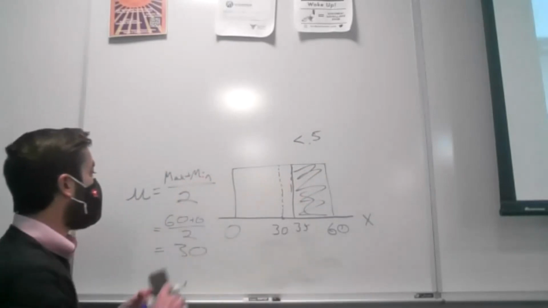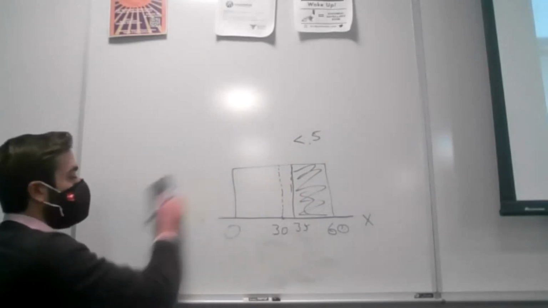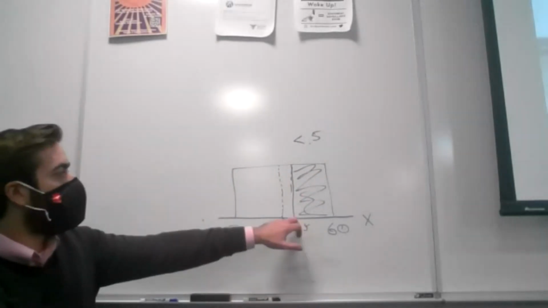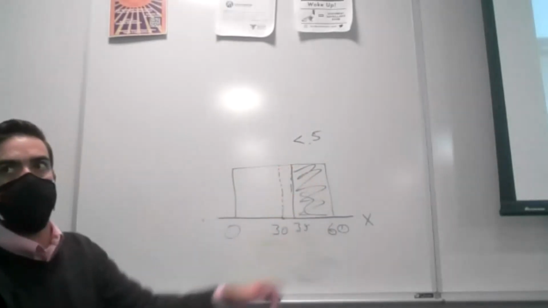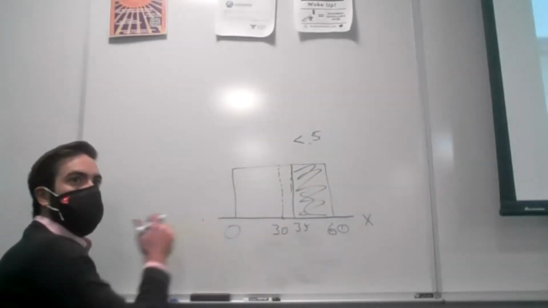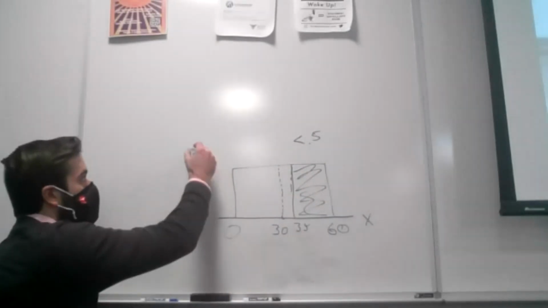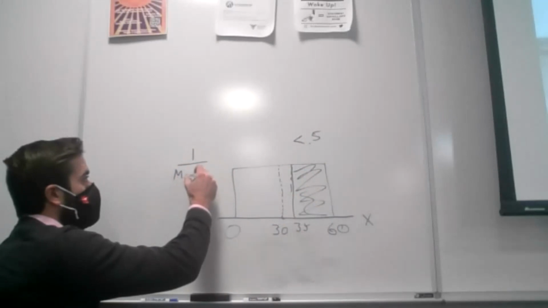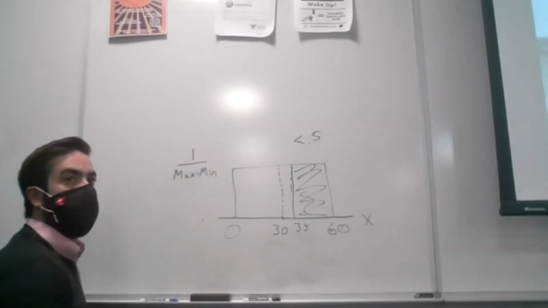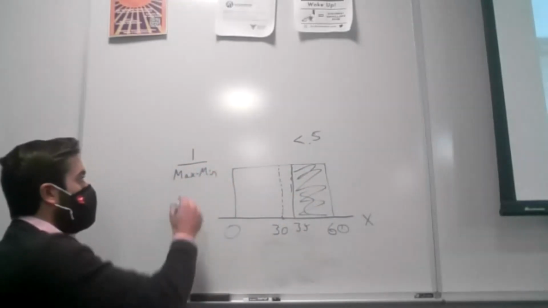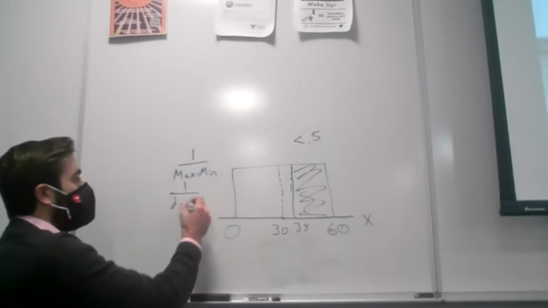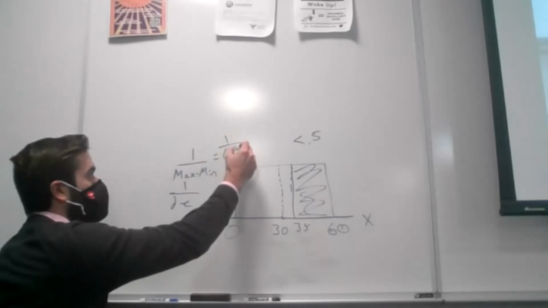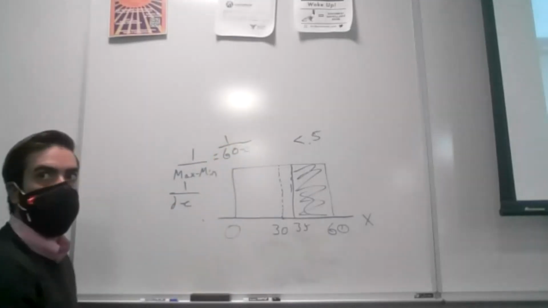We have an equation for the density function for this uniform distribution, but probably the easiest way to do this is, remember, you're just trying to find the area of a rectangle here. Now, what's the height of this uniform distribution? It was 1 over the maximum minus the minimum, or in general 1 over d minus c. So here, this would be 1 over 60 minus 0, so 1 over 60.